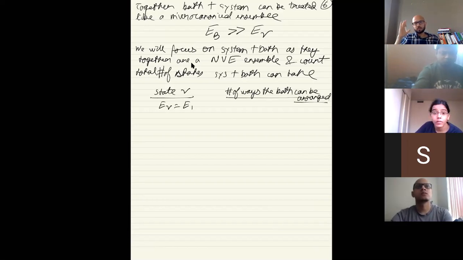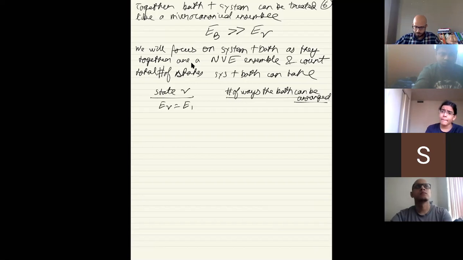This is a subtle point, and Chandler goes through this argument. If this is confusing, go through Chandler, but trust me, Chandler goes through it quickly, so it's best to pay attention right now, which is good in general. If you have specified the energy of the system to one value, E1, then the bath itself is now microcanonical, right? Because you have fixed the value of the energy of the system. This is subtle, but it's important.